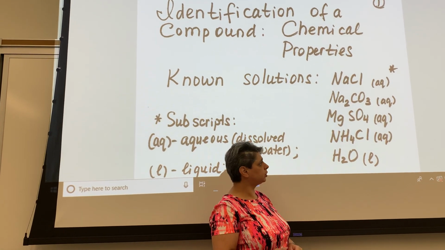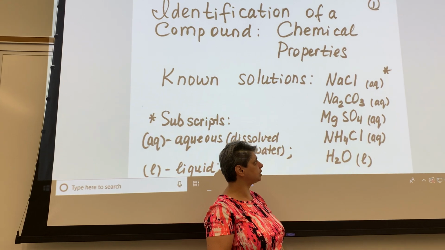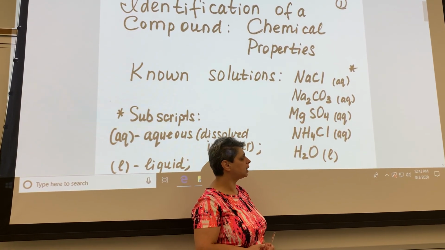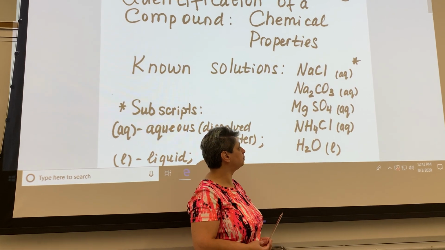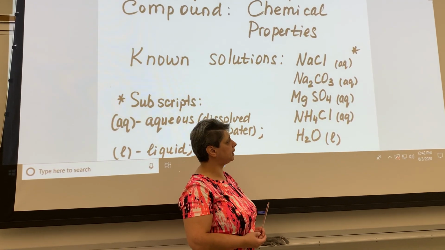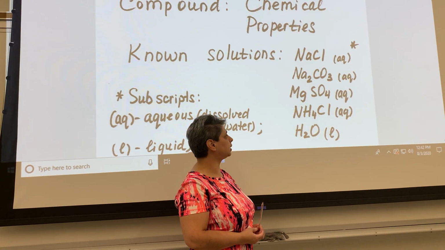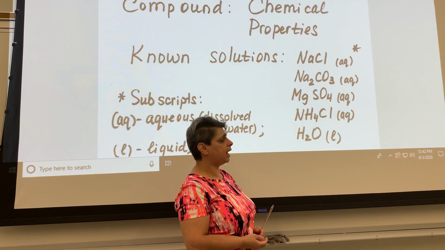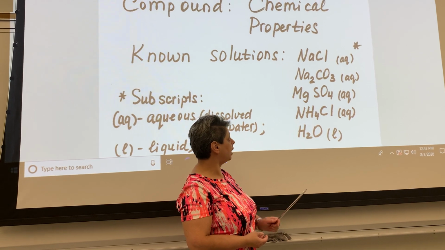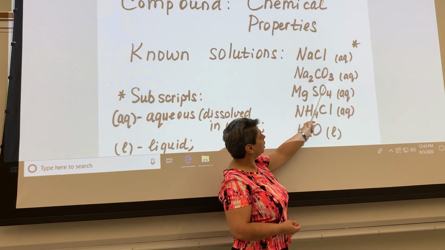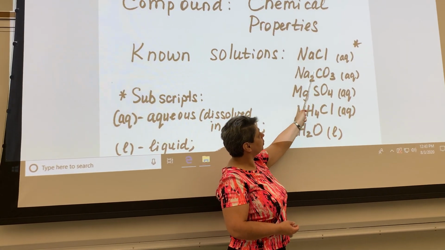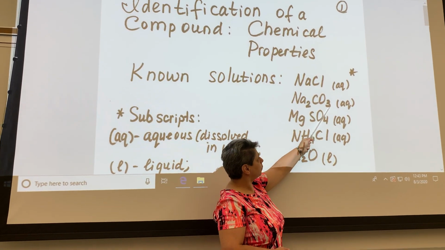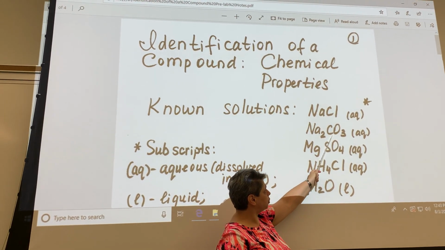Now, what you must know for this lab is names and charges of several basic polyatomic ions. I will briefly refer you to one of the appendices at the end of the lab manual that can be used as a reference should you need a quick reminder of the name or the charge of a specific ion. So this ion here is called carbonate. It's a polyatomic ion, formula CO3, and the charge of this polyatomic ion is -2.